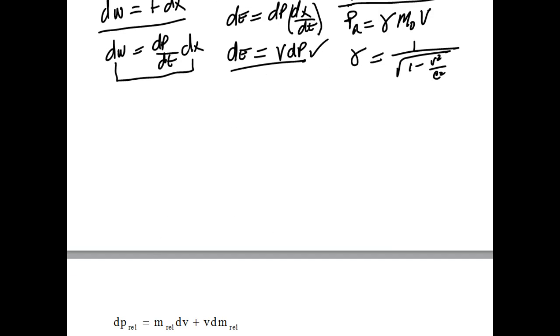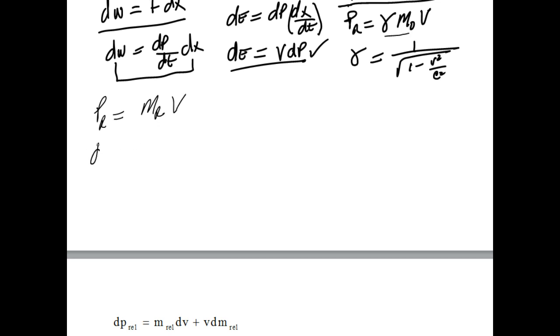Okay, so if we rewrite this equation according to Albert Einstein, we would take the relative momentum, PR, and write it as the relative mass, which is gamma times the rest mass, times your velocity.